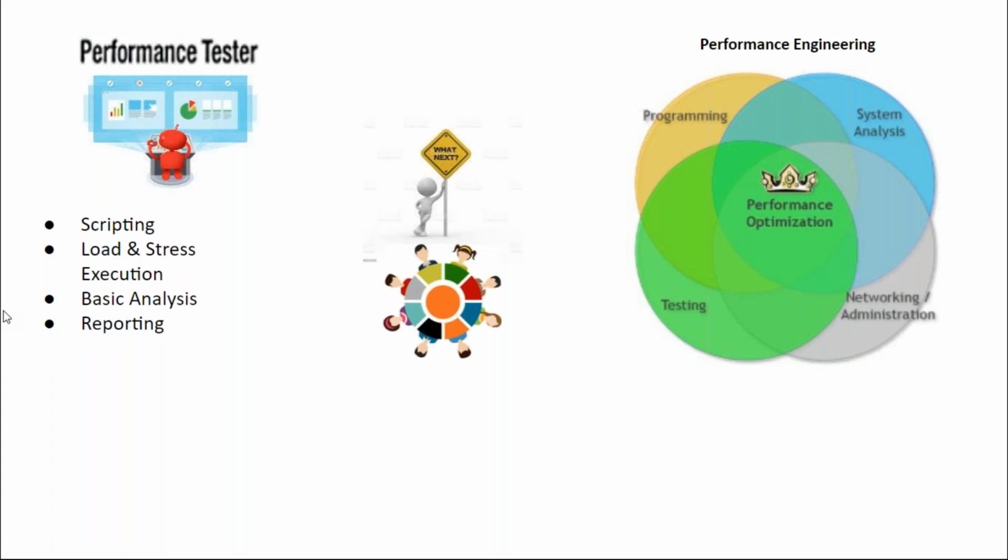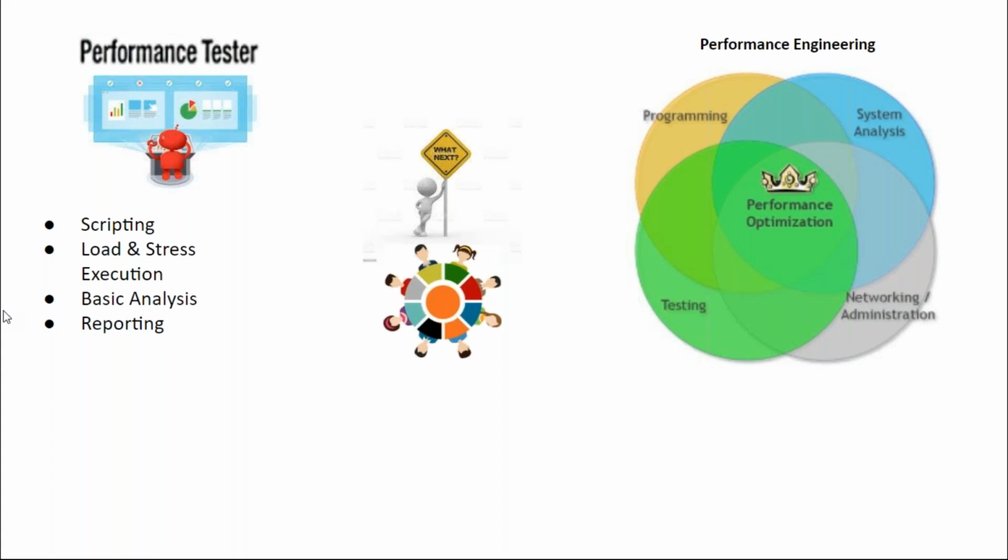Whoever is part of the call has probably been doing scripting or execution, knows what a non-functional requirement is, what a workload is, what a concurrent user is, and knows the basic problems that might come from a concurrency perspective, response time slowness, memory problems, CPU problems. At least we know what all can go wrong from a testing perspective. That is one knowledge a performance engineer has to have.